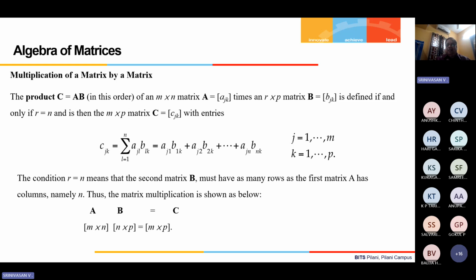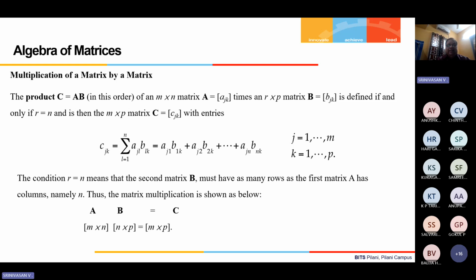In such a case, what will be the order of the resulting matrix? The number of rows will be the number of rows of the first matrix, and the number of columns will be the number of columns of the second matrix. Okay. So if r equals n, that is important.